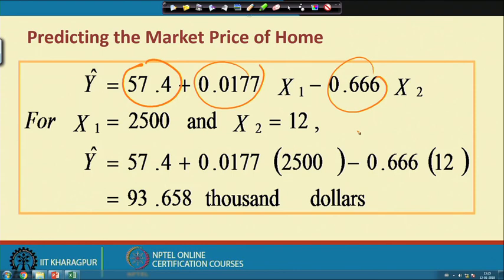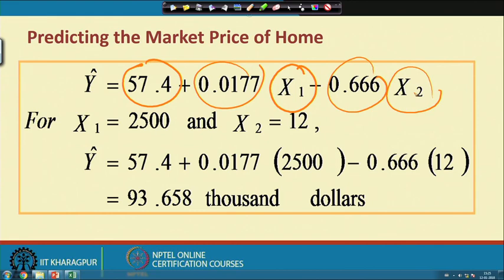Now our job is to predict the market price of a particular house, and here there are two variables: x1, the square feet, and x2, the number of years of that building. So, you can predict what the housing price should be.